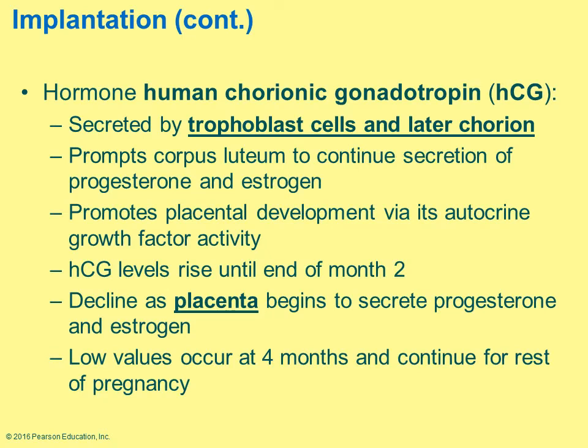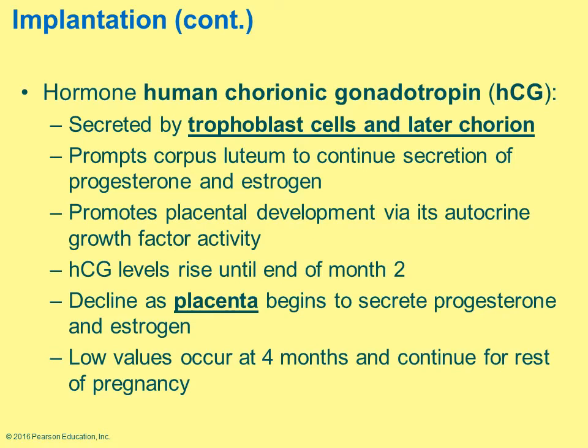Now, a lot of people think that the placenta is involved with all of the release of hormones to maintain the pregnancy, but the placenta is not initially formed. It's not formed until about month 3. So the HCG levels will rise very high through the first 2 months, and then it will start to decrease.